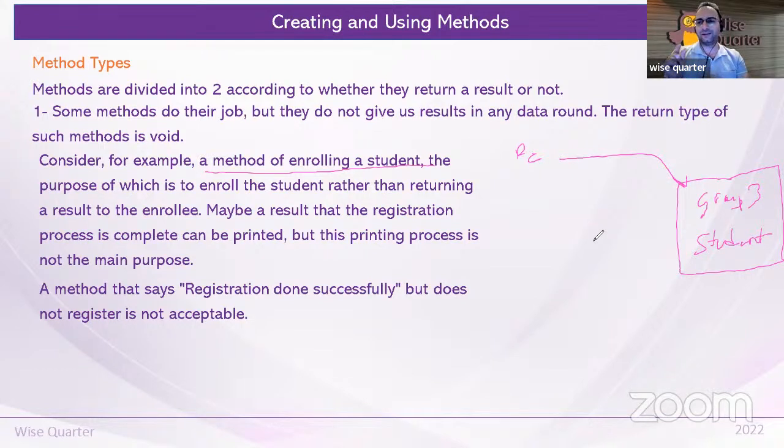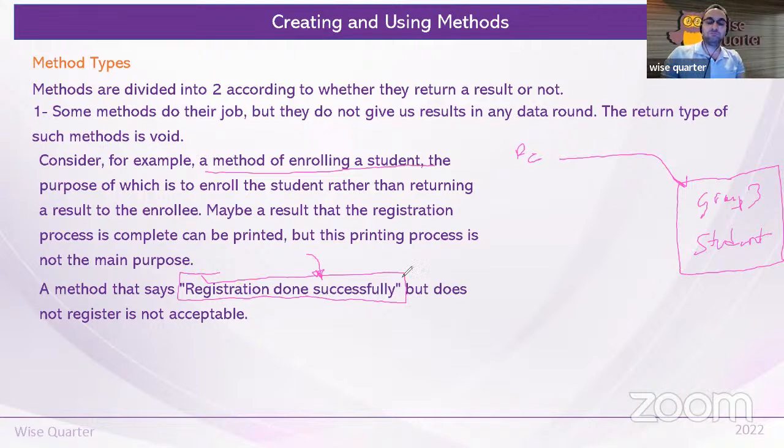Of course, a little message would be nice, but without that message, it will work, right? If it says registration done successfully, but it does not register the student, it means nothing. So this message is not important.